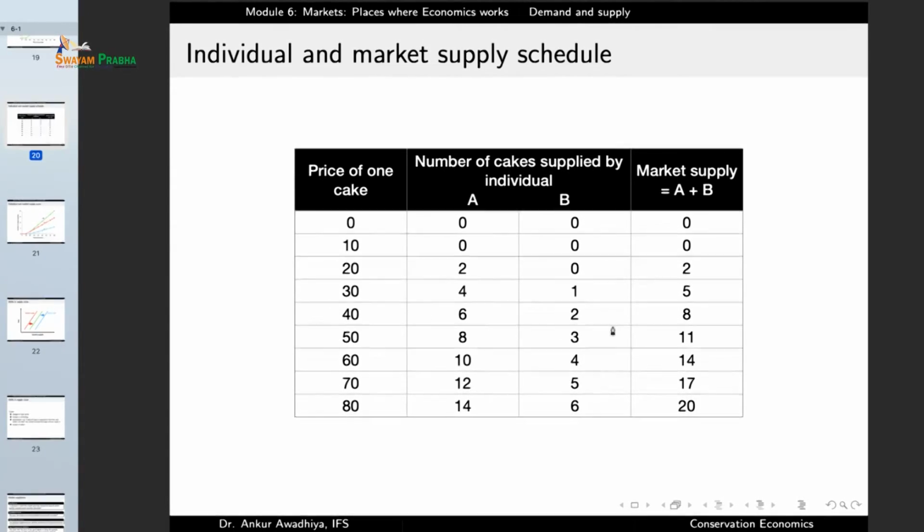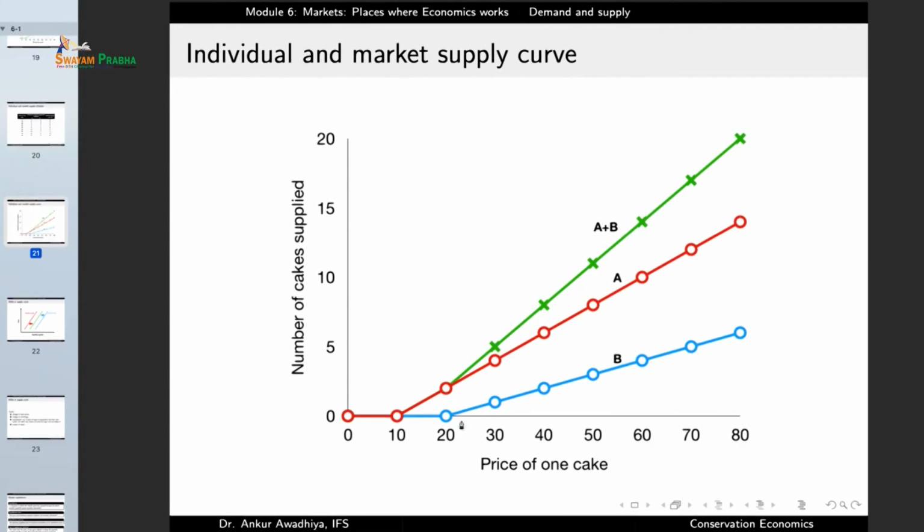So here we are observing that at any price, if you take the sum of the cakes that are being supplied by each seller, you will get the amount of cake that is being supplied to the market. Or we can also say that if the red curve is showing the supply curve of seller A, the blue curve is showing the supply curve of seller B, then this green curve, which is the sum of A and B, is telling us the supply curve of the market.